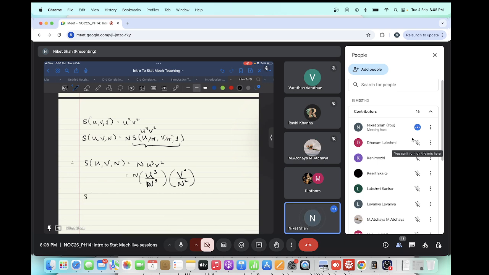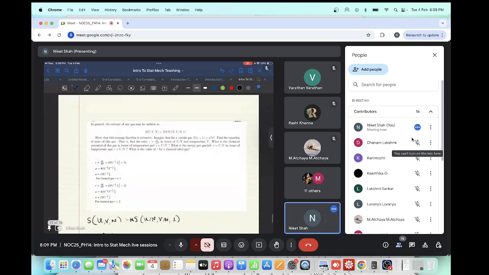So S of U, V, N is equal to U cube V square divided by N raised to the power 4. Now what they are asking is to find the equation of state of this gas.